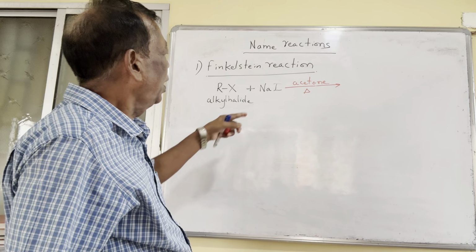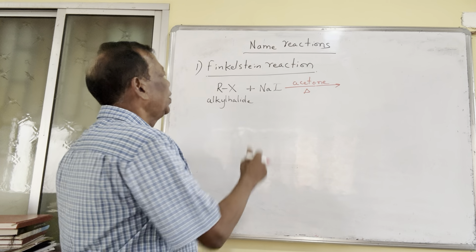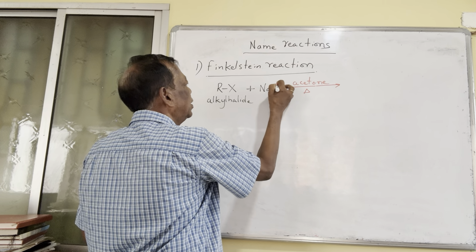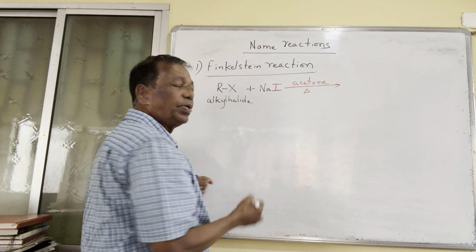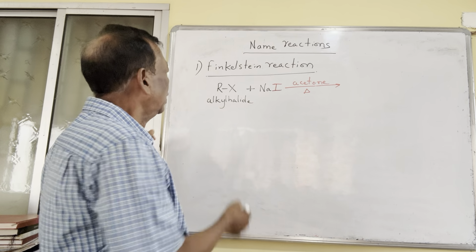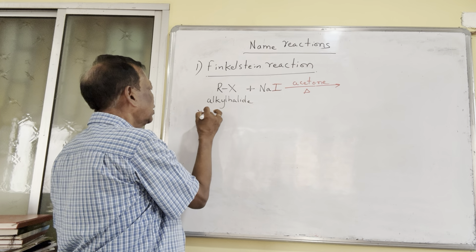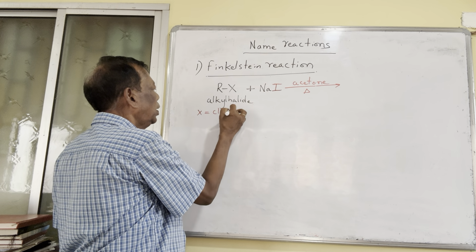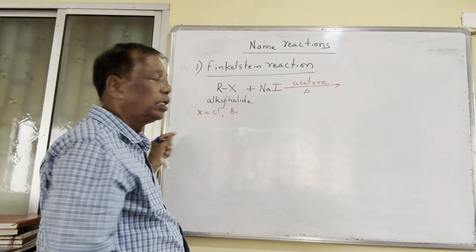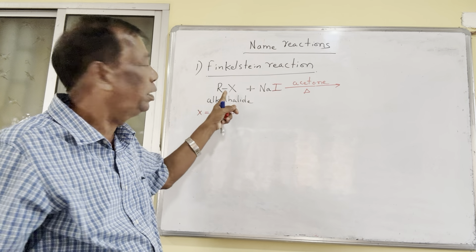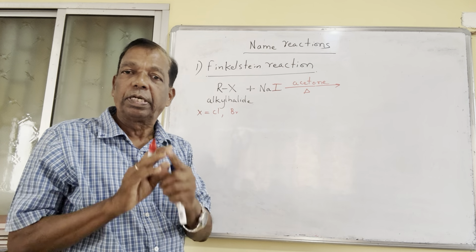Now what will happen, this iodine will go in place of X. So this X will be replaced by iodine. Here X can be chlorine or bromine. It cannot be iodine. Iodine here and iodine here, that will not react.